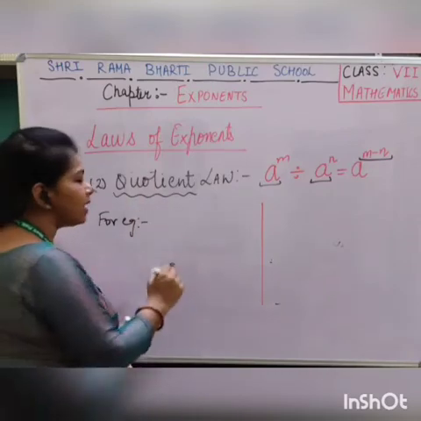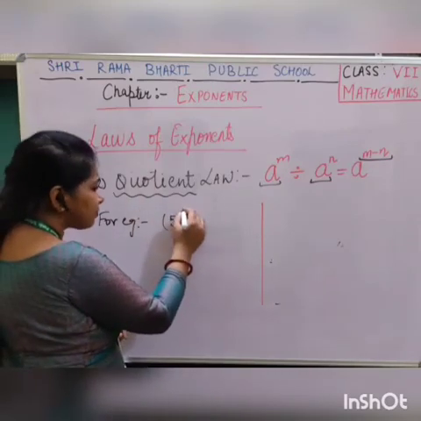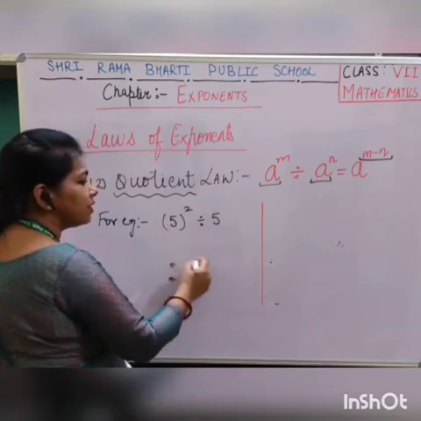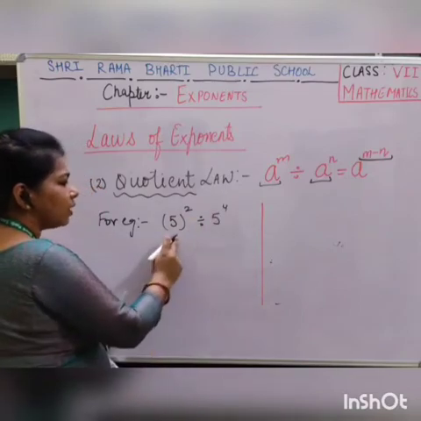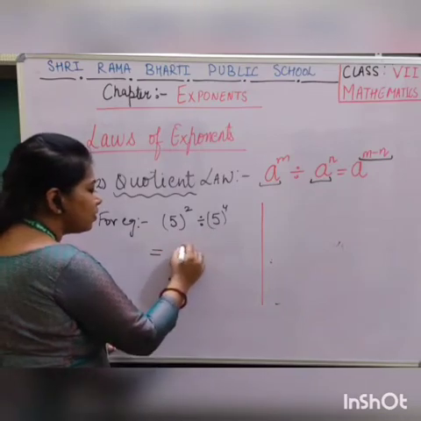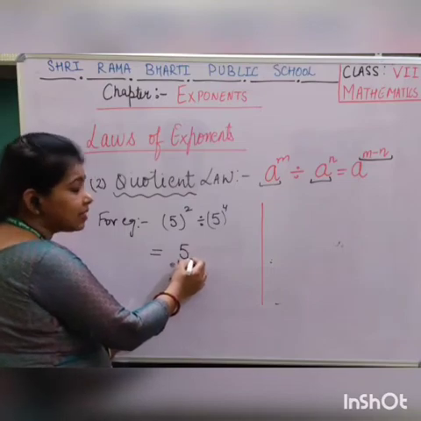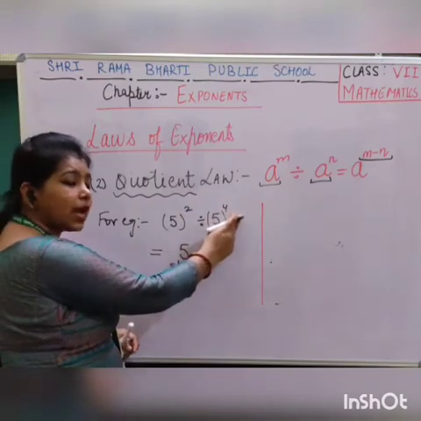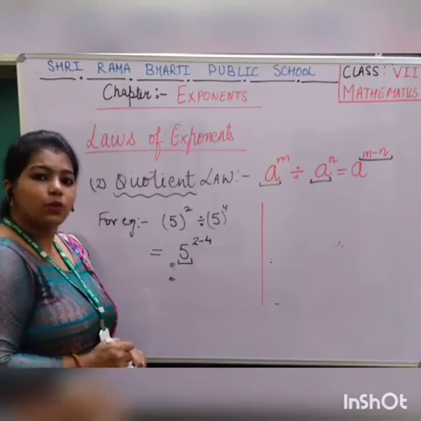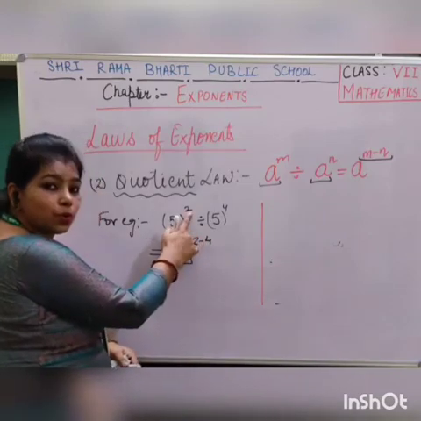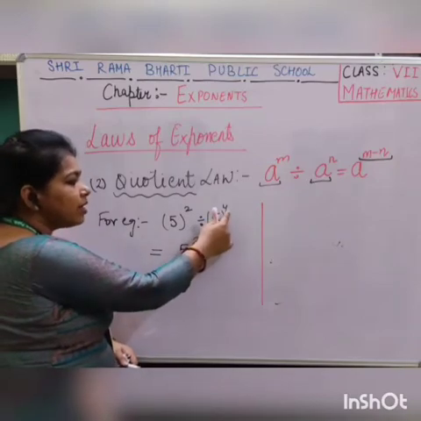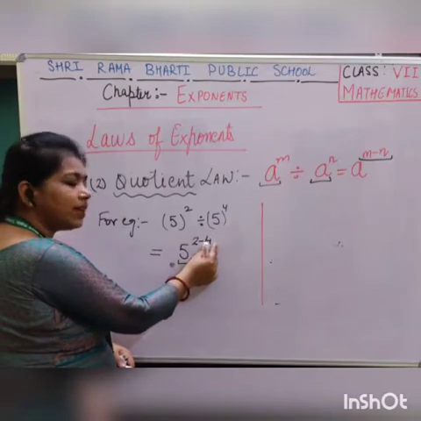See, the same example I'm taking. 5 raised to the power, let's suppose 2 divided by 5 raised to the power 4, right? Now they are dividing. The bases are same. So we will take single base and the power will get subtracted. 2 minus 4. The important point to be noted here is, since 2 is the first number power, we will write it as first number, and 4 is the power of second number, so we will write it as second number.